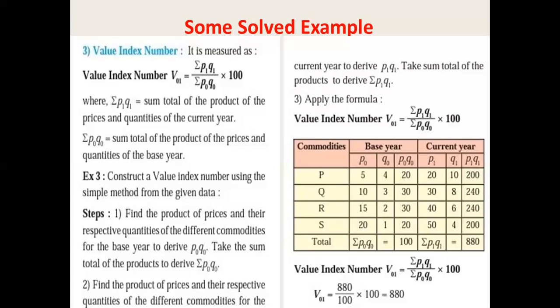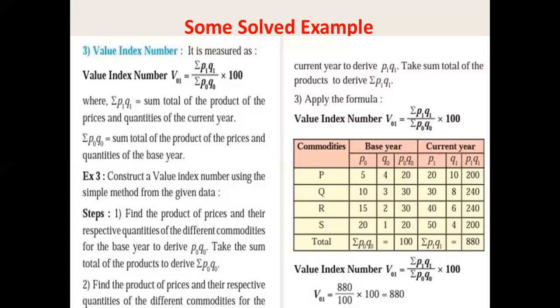Then we apply the same in the current year. So what does the summation of P1 Q1 mean? It is the sum total of the current year's price multiplied by the current year's quantity: 200 plus 240 plus 240 plus 200 is equal to 880. So we apply the formula V01 is equal to summation of P1 Q1 upon summation of P0 Q0 multiplied by 100.